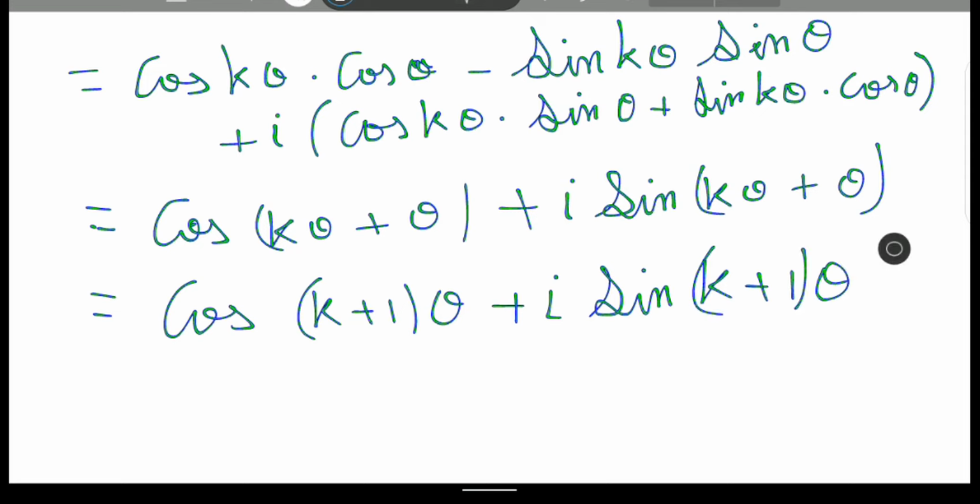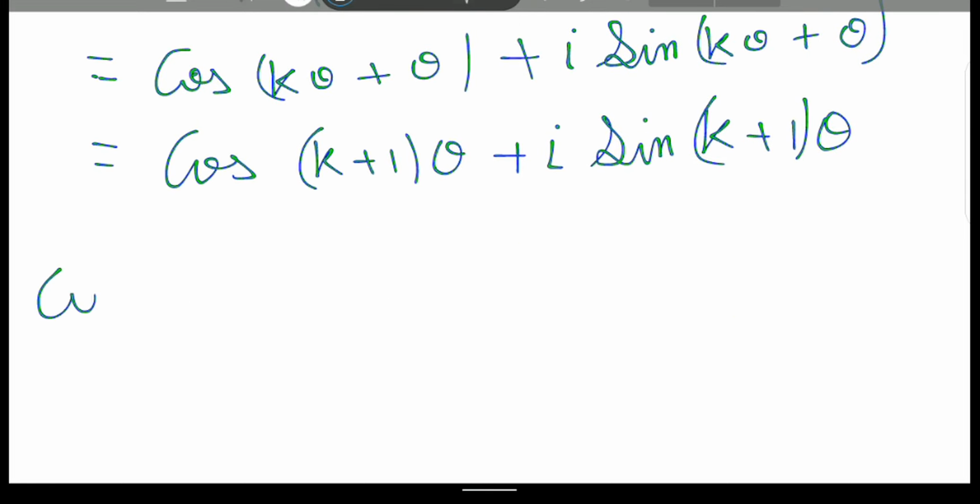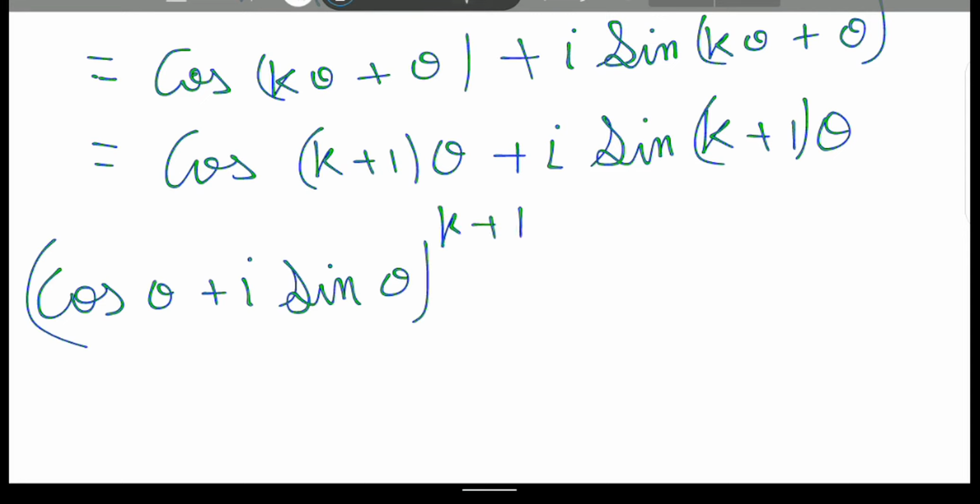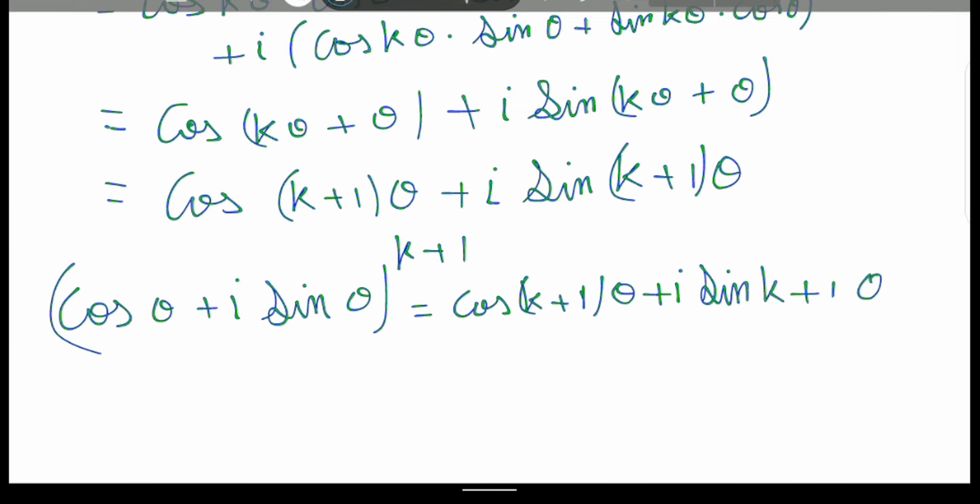Wow, let's write what we have so far. (Cos theta plus i sin theta) whole thing to the power k plus 1 equal to cos (k plus 1) theta plus i into sin (k plus 1) theta.